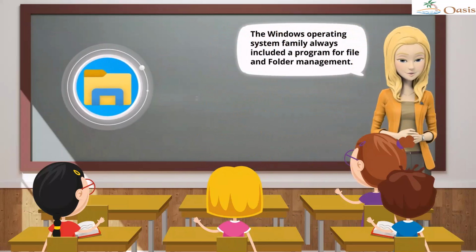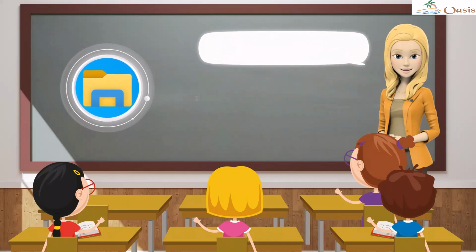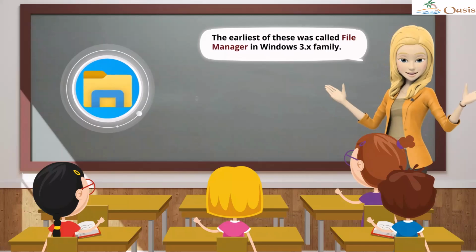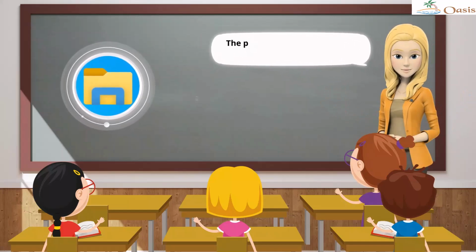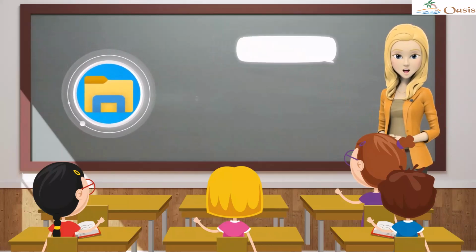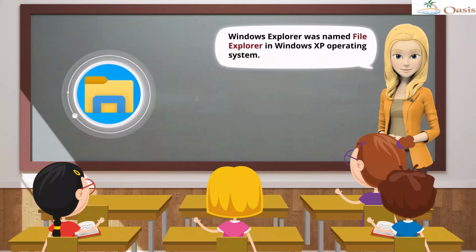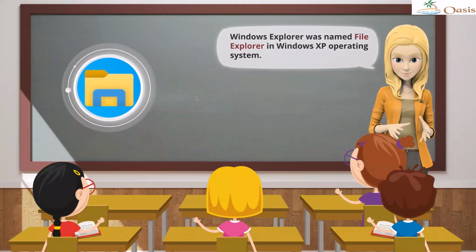The Windows operating system family always included a program for file and folder management. The earliest of these was called File Manager in the Windows 3.x family. The program was renamed Windows Explorer in Windows 95. Windows Explorer was named File Explorer in the Windows XP operating system.